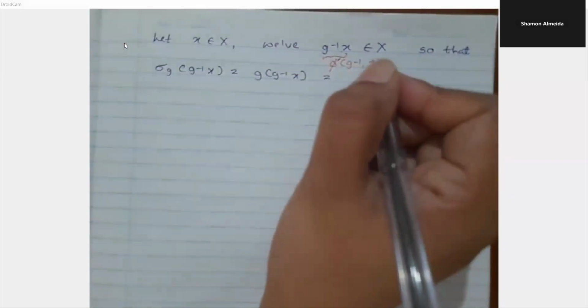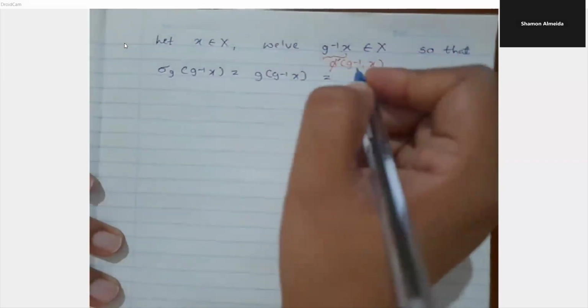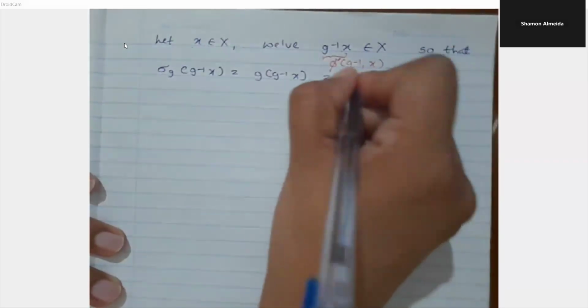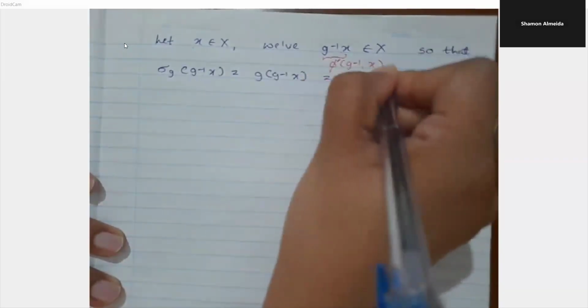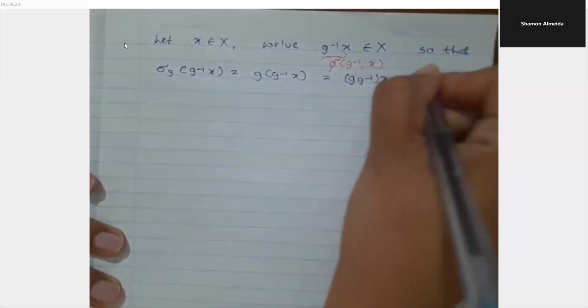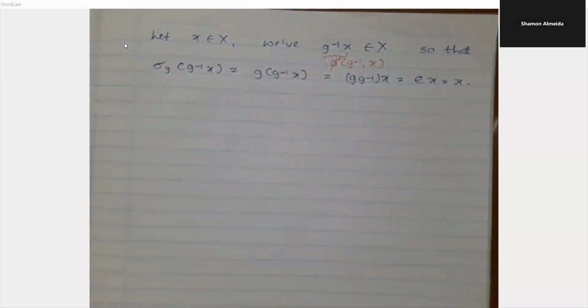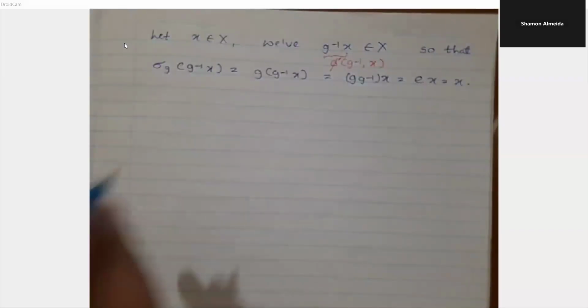This is equal to, once again, going back to the group action, g g inverse x, identity times x, you have x. Right?